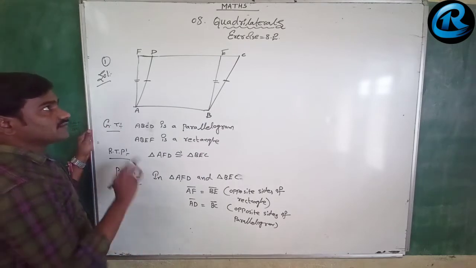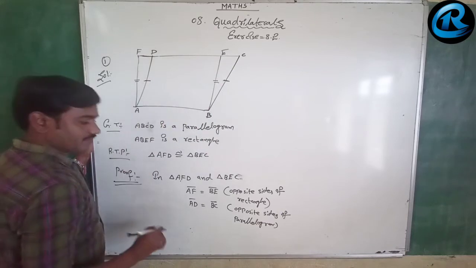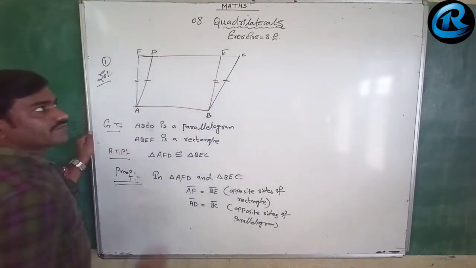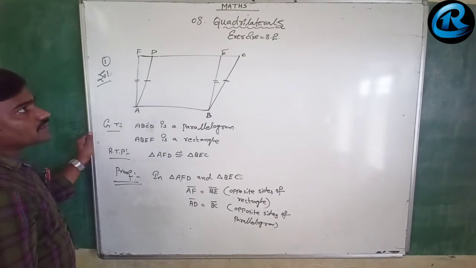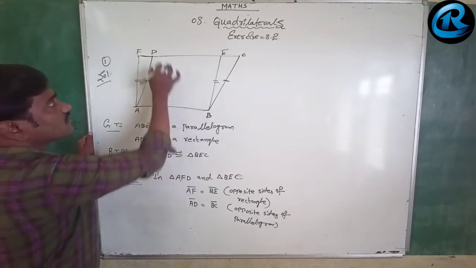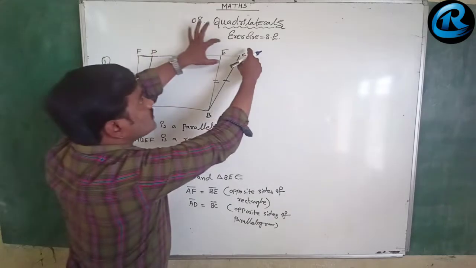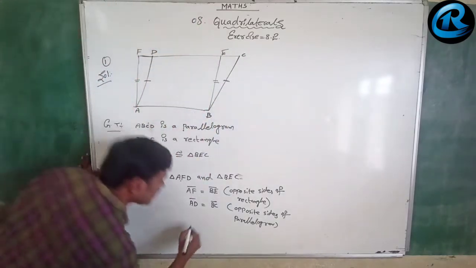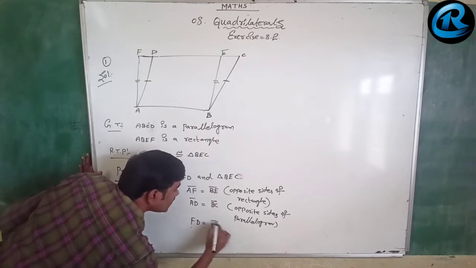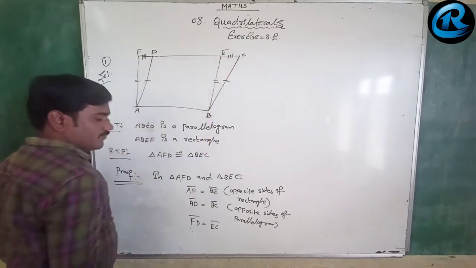Then we can write one more thing, in ABEF, that AB equal to EF. And also this AB is equal to DC. So I can write now FD equal to EC. How is this FD equal to EC? Let me prove it here.